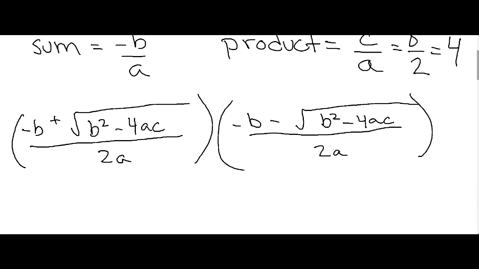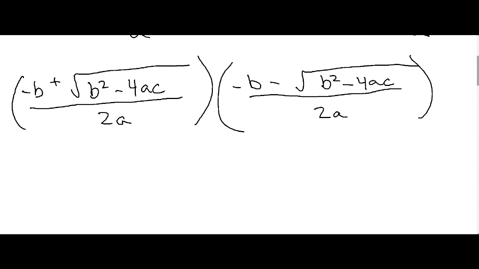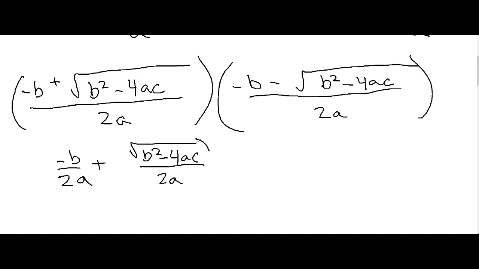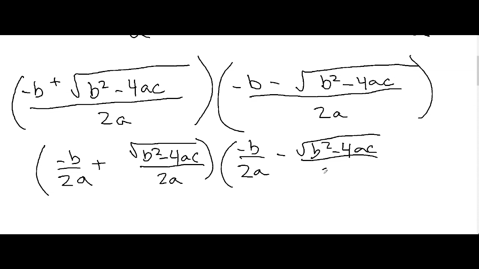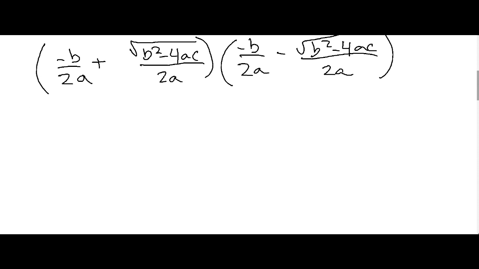Now this might start to look a little familiar, and if I write it in a slightly different format, it might be more obvious. Do you recognize this? Does it look like something familiar? It should, because this is the difference of two squares.